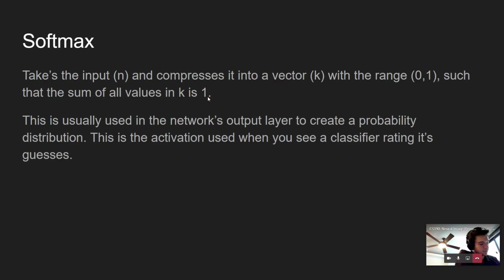In other words, it puts it in much the same structure as a one-hot encoding, except instead of being one-hot, where it has 0, 0, 0, 0, 1, 0, 0, 0, it's probabilistically distributed. So you can tell where this would be useful.